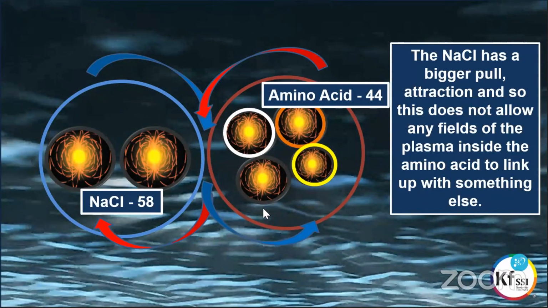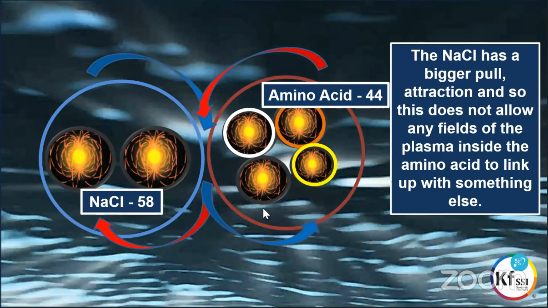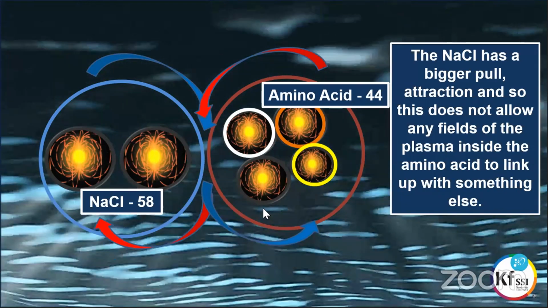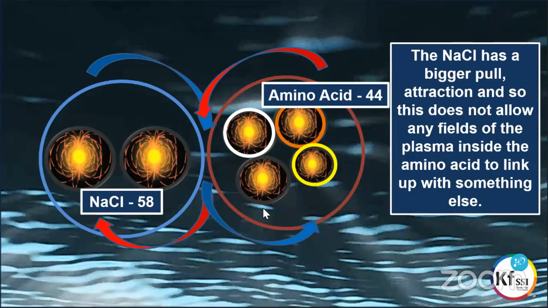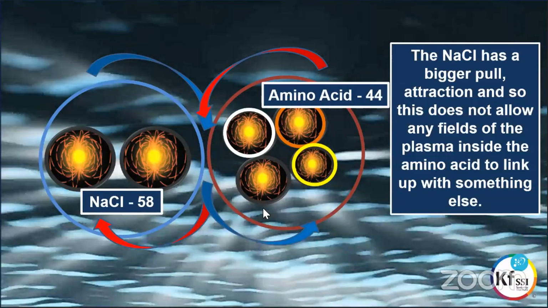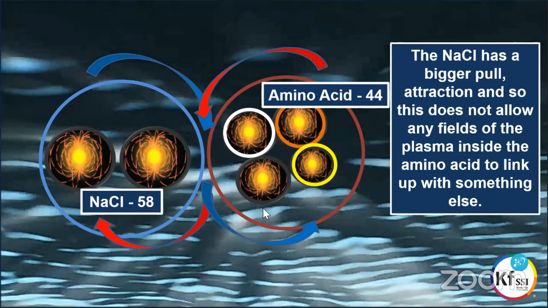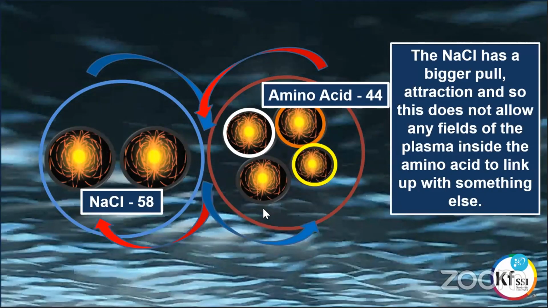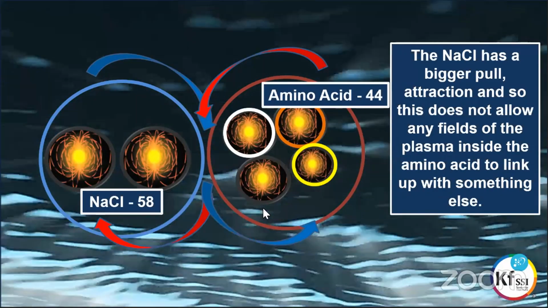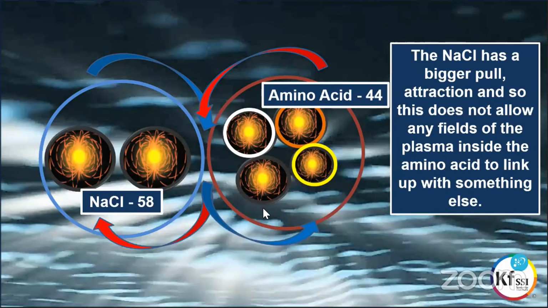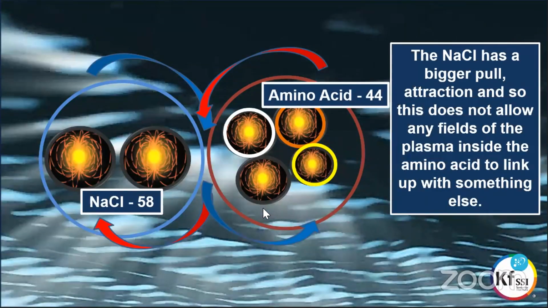From a health perspective, this is quite important to understand, and even when we start delving into the agricultural understanding of what's happening inside of a plant, we have to start looking at it on this basis. So it's essentially two plasmas, two magnets, and we can view the sodium chloride as the slightly bigger one, and it has that bigger attraction and pull on our amino acid, and so we get the link up with our amino acid with the salt solution.